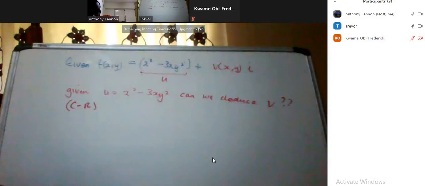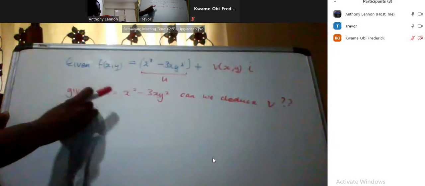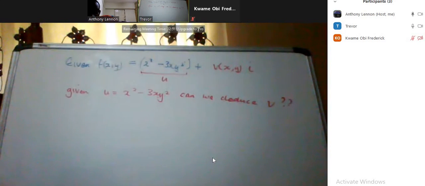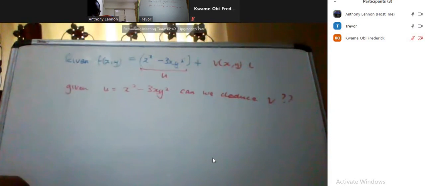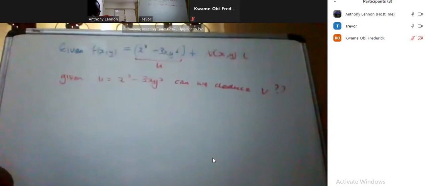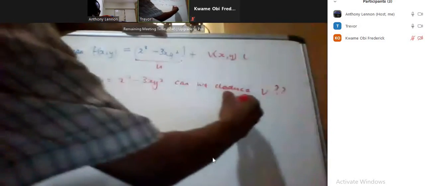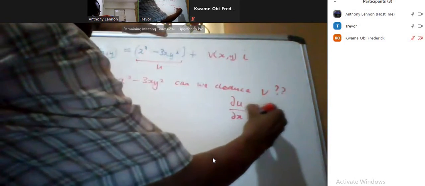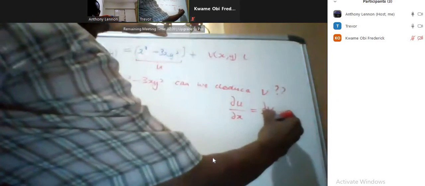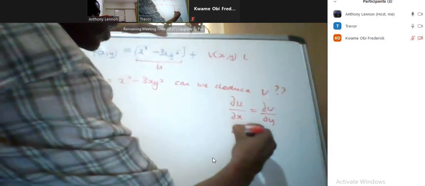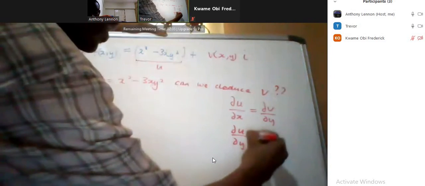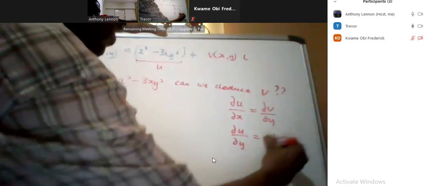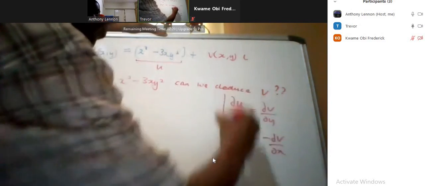So before we do anything, again, write down the Cauchy-Riemann equations. Put them over here: du dx is equal to dv dy, and du dy is equal to minus dv dx. Put them in a box.